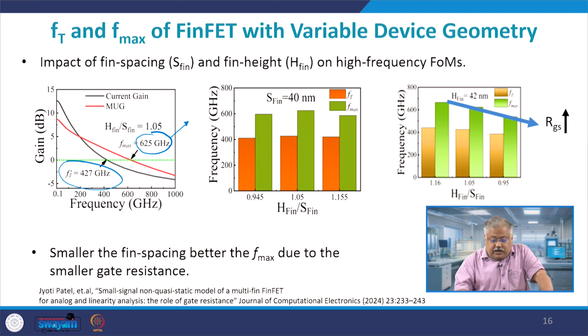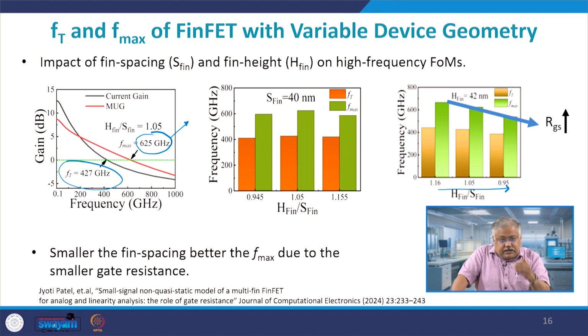And quite interestingly, you will see that as H fin by S fin, the ratio of the height of the fin to the fin pitch, goes on increasing, surely the frequency of operation starts to go down, right. And this can be true because when the height goes on increasing, or if the 2 fins go far away from each other, then other parasitic capacitances come into play.